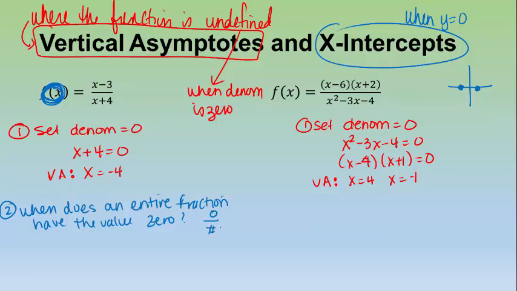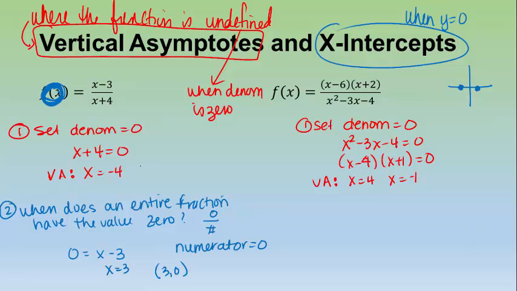If we're looking at when does a fraction equal 0, it's when the numerator is 0. Well, if I want the fraction to be 0 because I'm trying to find the x-intercepts, then I will set it equal to 0. So my x-intercept is at 3, 0.